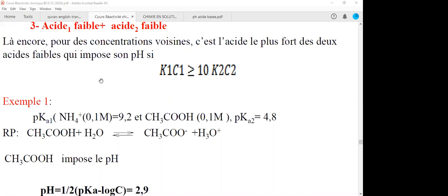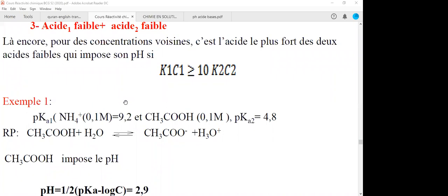So if acid 1 is the one which is a little bit stronger than the other, we need to use this condition: the constant of acidity of acid 1 times its concentration, if it is greater than or equal to 10 times the constant of acidity of acid 2 times the concentration of acid 2. If this condition is verified, it means that the pH is going to be found using the concentration of acid 1. So let's go.